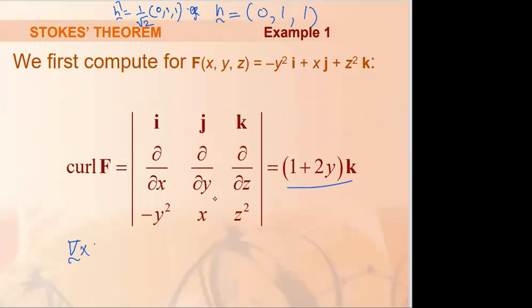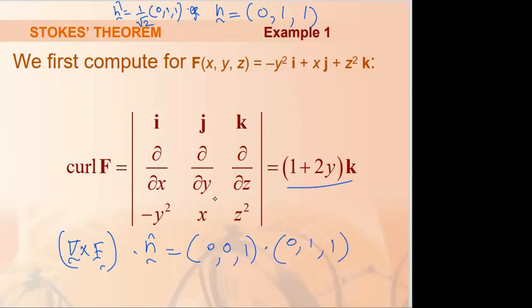So the curl dotted with the unit normal. Curl is this one here, and dotted with the unit normal (0, 1, 1) over square root 2.